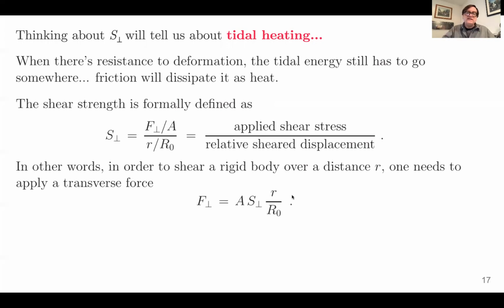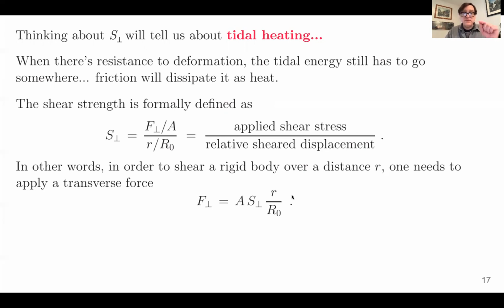So we can go back to the definition of the shear strength. Now, it's got units of pressure, so it's a force per unit area, but strictly speaking, the shear strength is a ratio of the applied shear, the applied force per unit area, and in the denominator is the actual displacement that happens in dimensionless units to make sure the whole thing has dimensions of pressure.